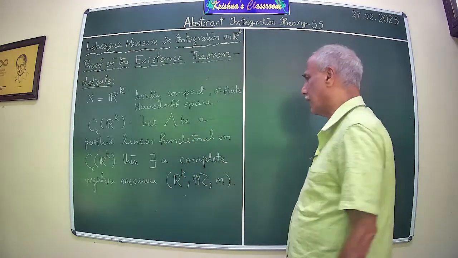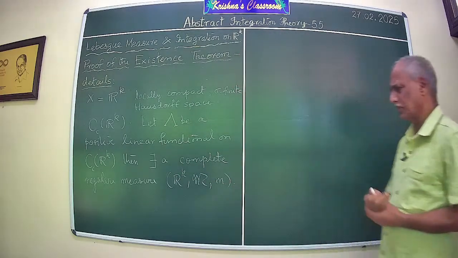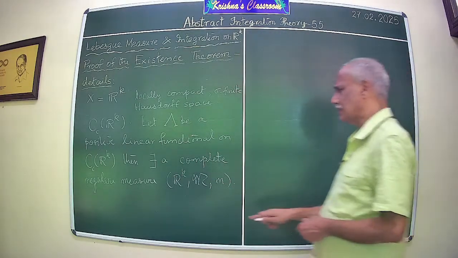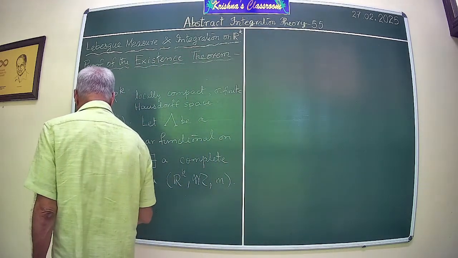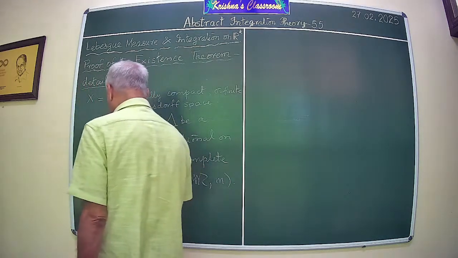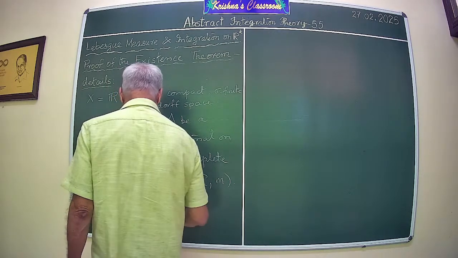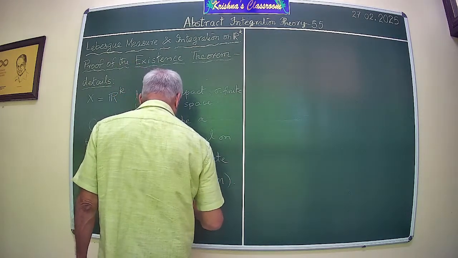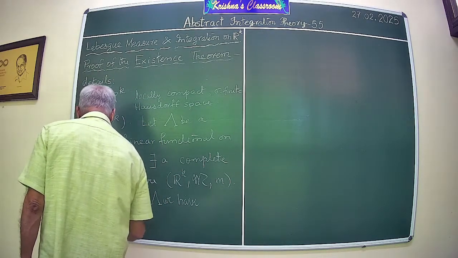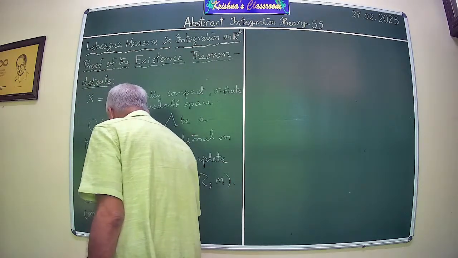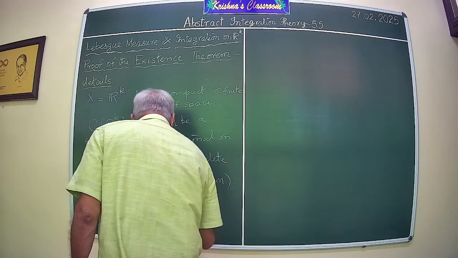Now this is what we have from the Riesz representation theorem, and its further consequences of properties like sigma finite and so on, which we have proved. Now we claim that the lambda we have constructed gives rise to Lebesgue measure.